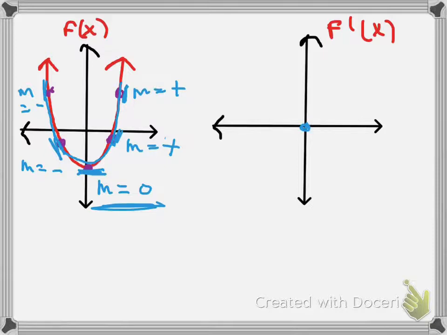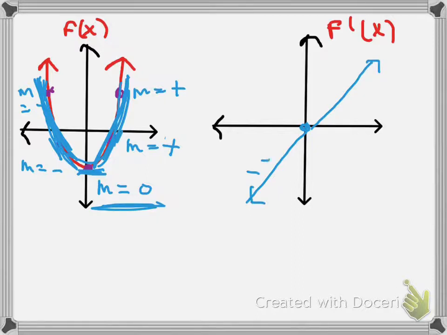After that, I know that the left side of the graph is negative slope, and this side is positive slope. So I need negative slope and I need positive slope. I'm going to get a graph that looks something like this, a straight line. This shows me that the numbers are down in the negatives and these are up in the positives, and that correlates to these slopes over here.